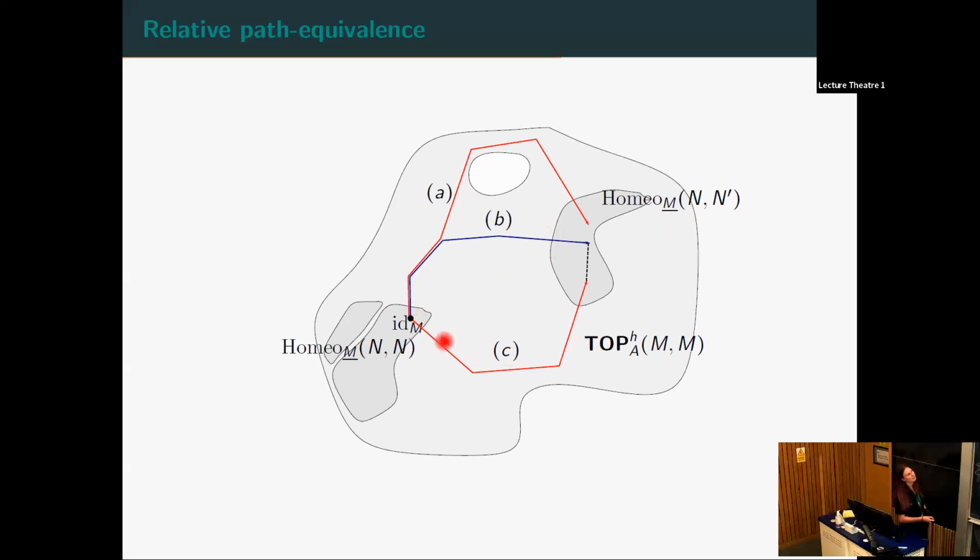So in this picture, B and C are going to be equivalent in the motion groupoid, or equivalent up to relative path equivalence, but A and B and C are not equivalent because of this hole in Top(M), this non-trivial topology that stops us being able to continuously deform A into B.